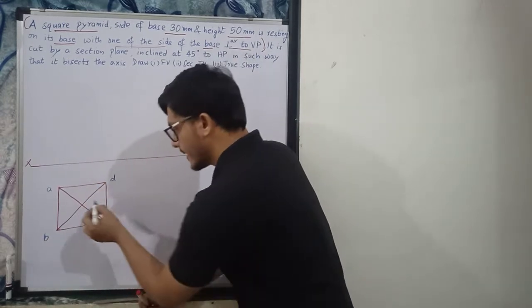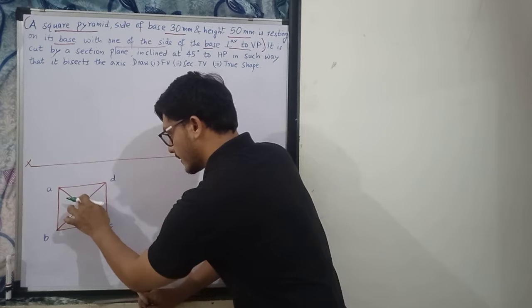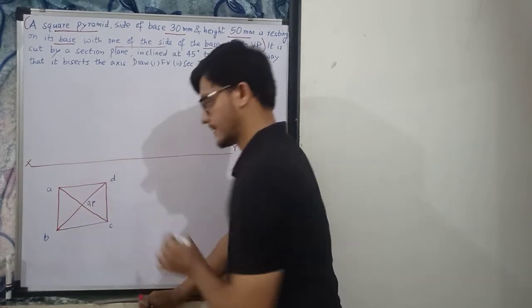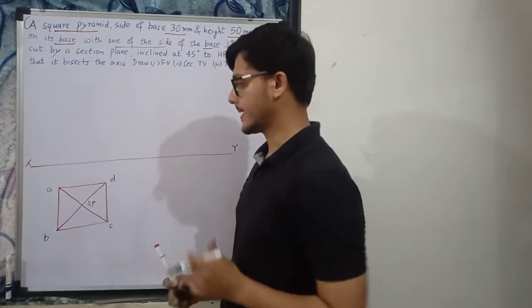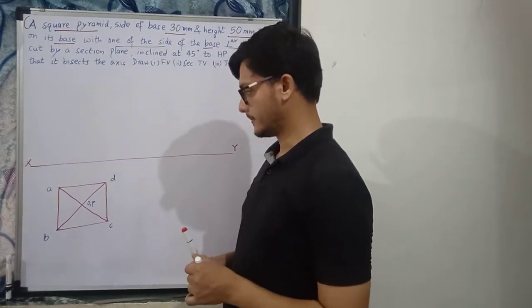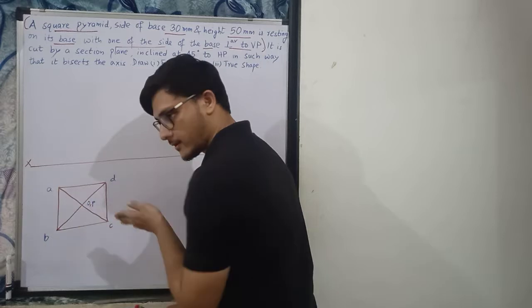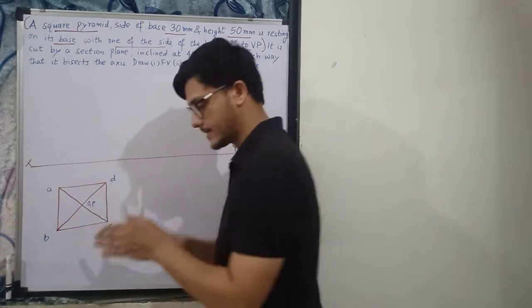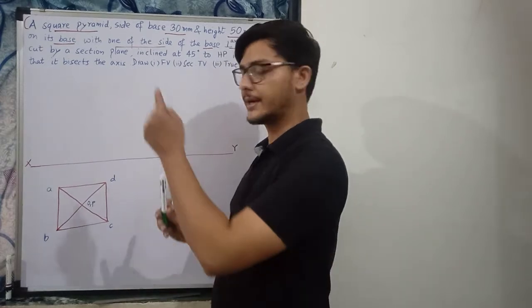These are the four sides and this will be O, P. Name it here. O is the vertex and OP is the axis of the square pyramid. OA is one slant edge, OB is the second, OC is the third, and OD is the fourth slant edge. So it is a pyramid having a vertex.